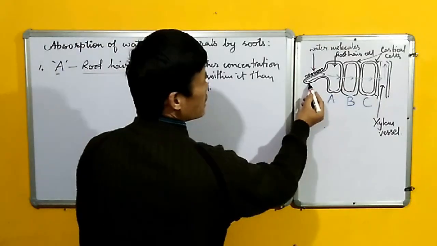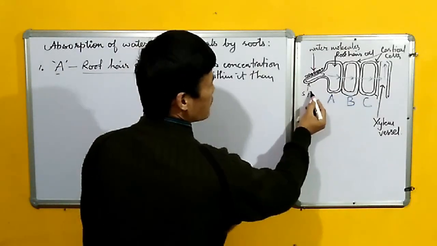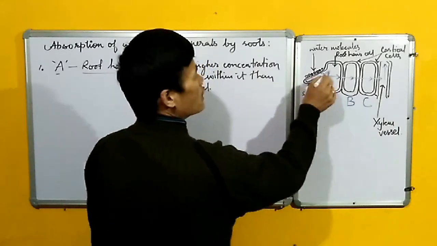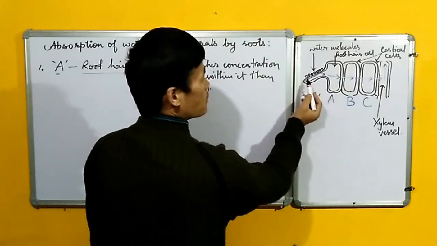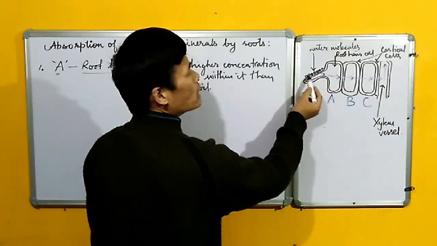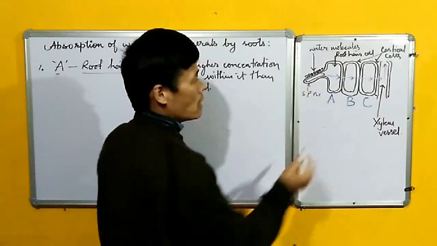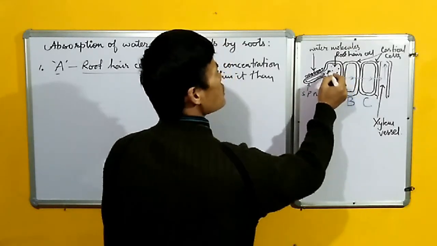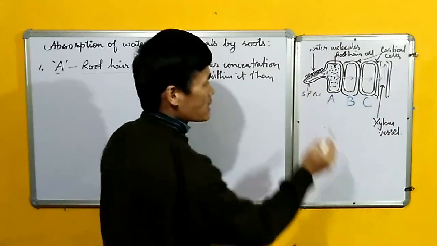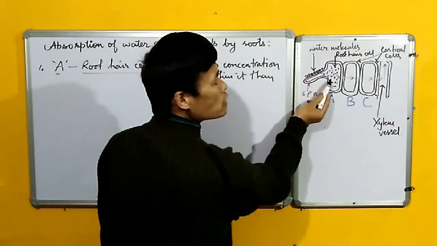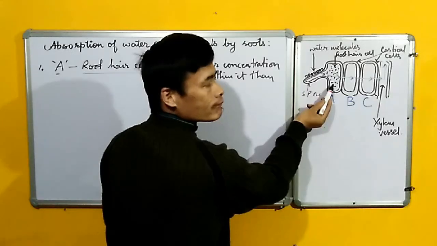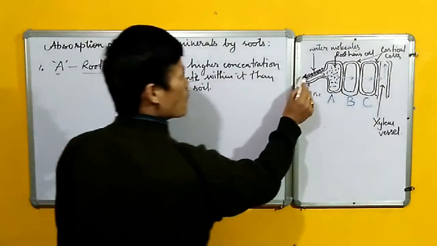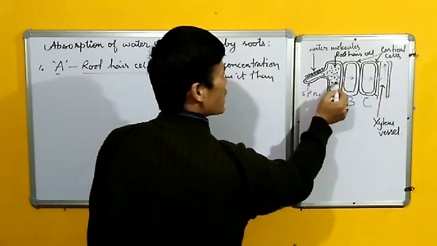So here we see that this is a semi-permeable membrane, and the water molecules will make their entry into the root hair cells because this water will contain less amount of solute. But here inside the root hair, the solute concentration is more. So as a result of which, water will enter into this root hair cell by osmosis.